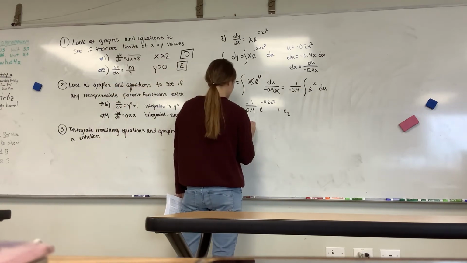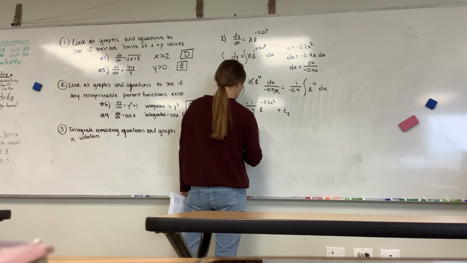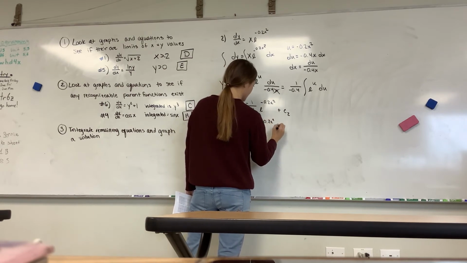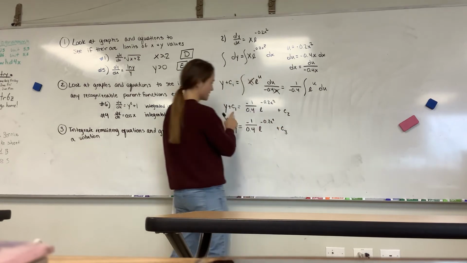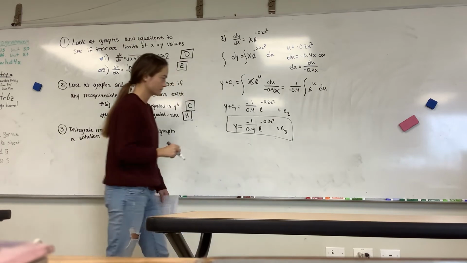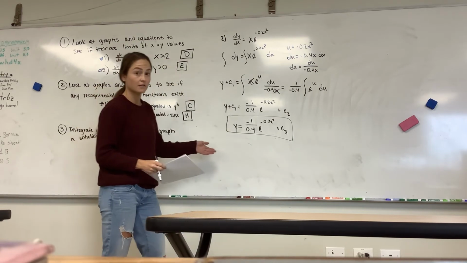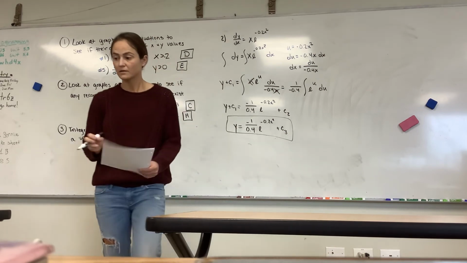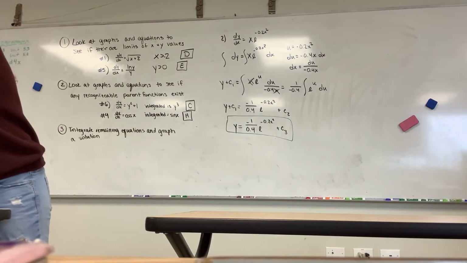So I end up with y is equal to negative 1 over 0.4 e to the negative 0.2 x squared plus c3, some unknown. That's my equation. Who knows what the graph of that looks like off the top of your heads? I do not. So I'm going to bust out my handy dandy calculator.